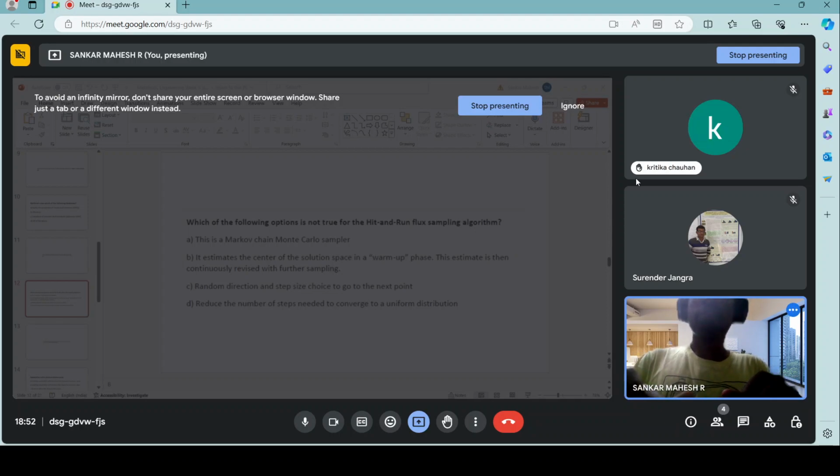Kritika, before you start answering this question, you can first share what you think about flux sampling algorithms in general, and then talk about why you think a particular answer is right or wrong.